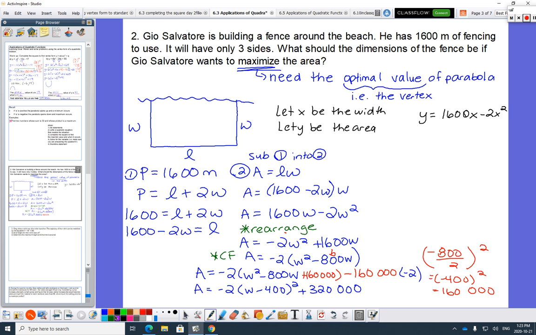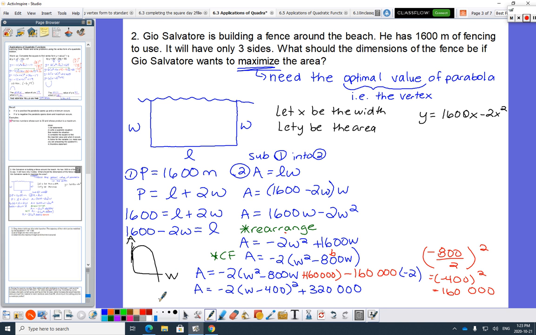And then the dimensions are, the width is going to be 400, okay? So this is where maybe it might help you to think in terms of X's and Y's instead. It's really up to you. But when you have the parabola, right, the area and the X is the horizontal, so it is a down.